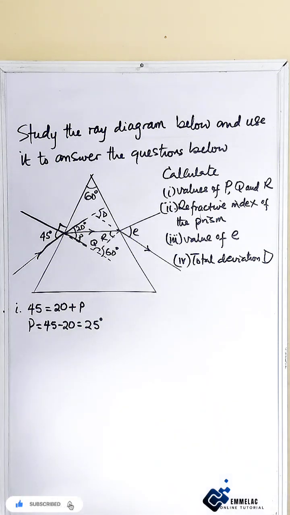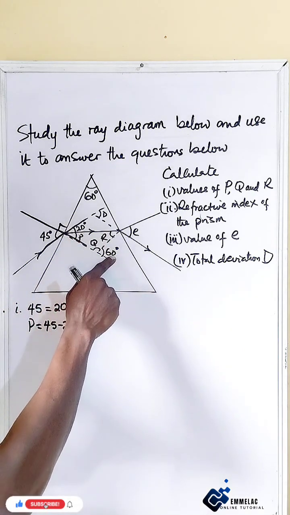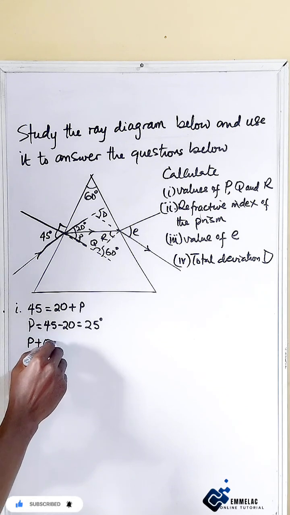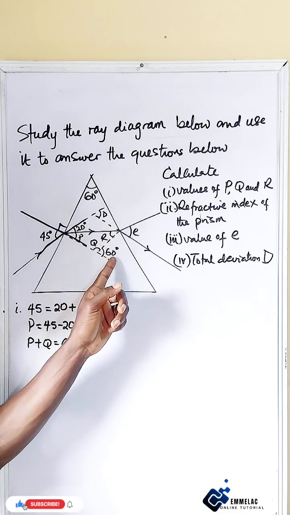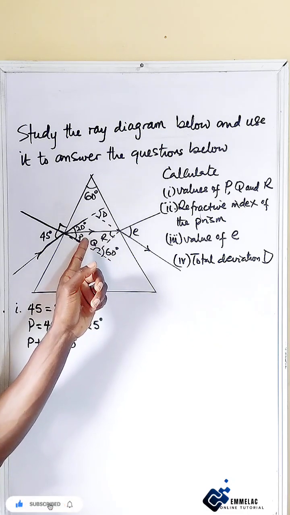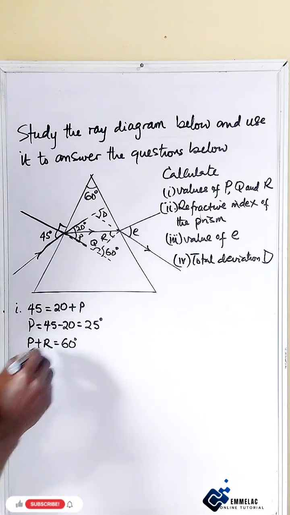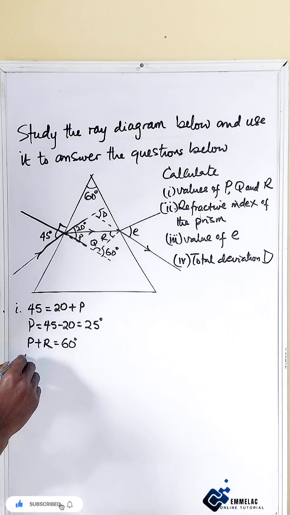Okay, and Q. Now for us to find the value of Q, let us take note that P plus R equals 60, and that's because 60, which is an external angle, is equal to the sum of the two interior opposite angles. P is 25, so plug in 25 here.